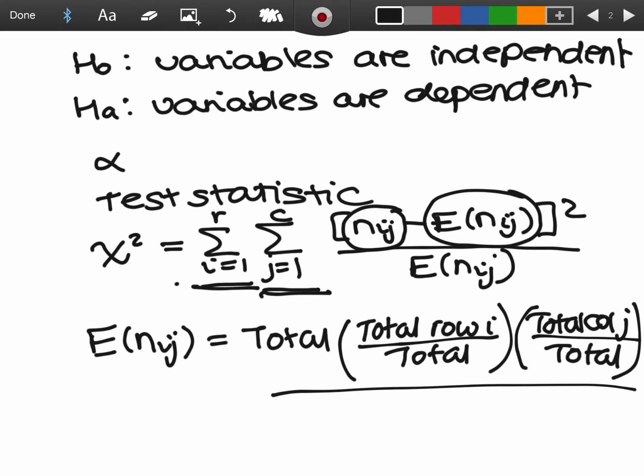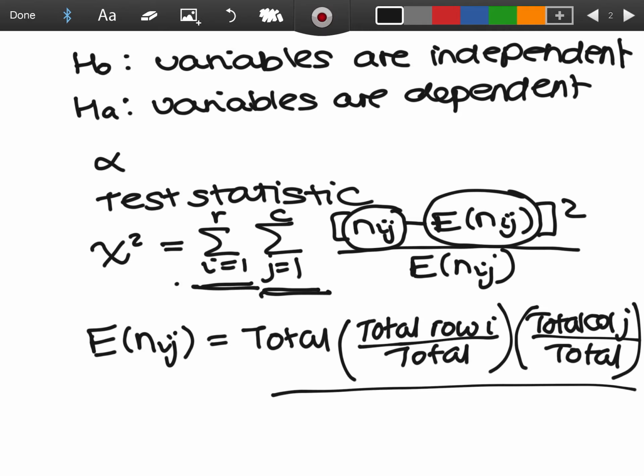Then you can compare your test statistic to the critical value. Now the critical value, very much like the last chi-square one that we did, is going to depend on your significance level and your degrees of freedom.